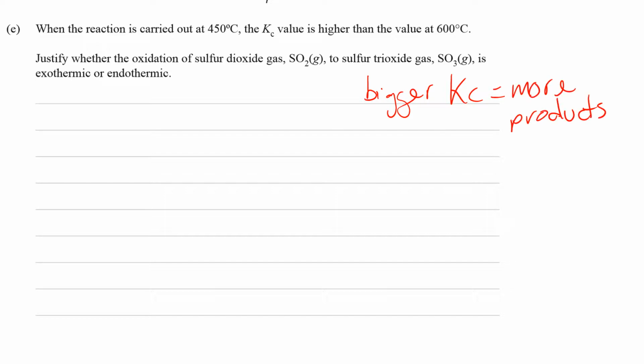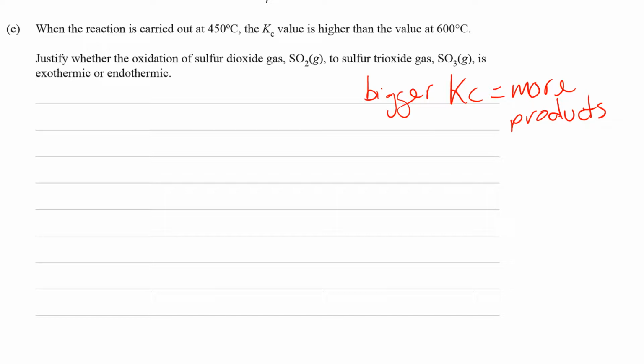So there's more products when we've got something happening at 450 degrees than when there's 600. So if we've got more products when it's cooler, do you think it's an endothermic reaction or an exothermic reaction? Exothermic reaction, because we're making more products as it cools down, so it's trying to minimise the change.